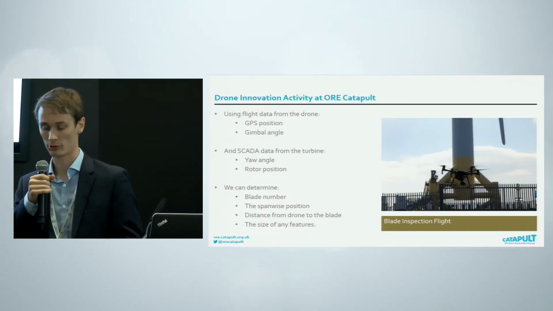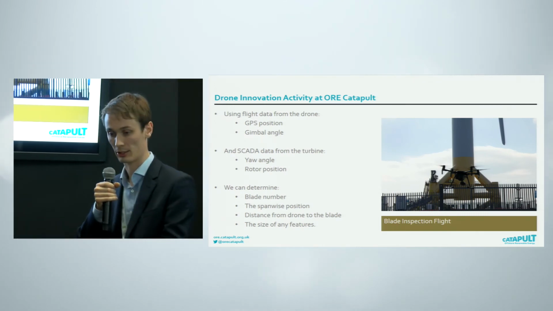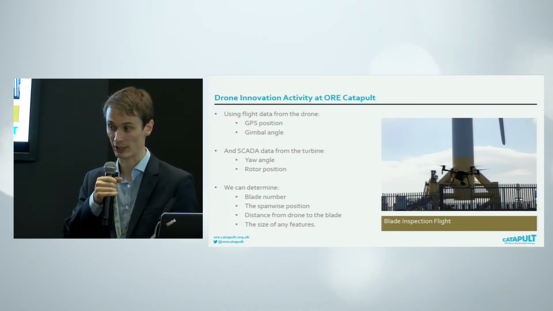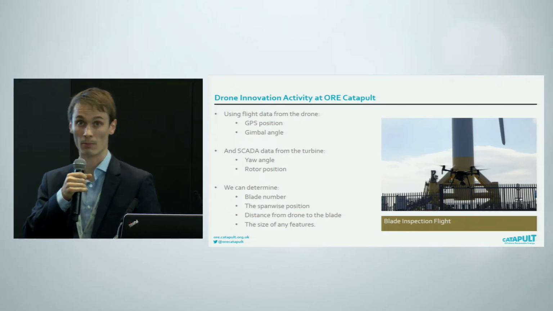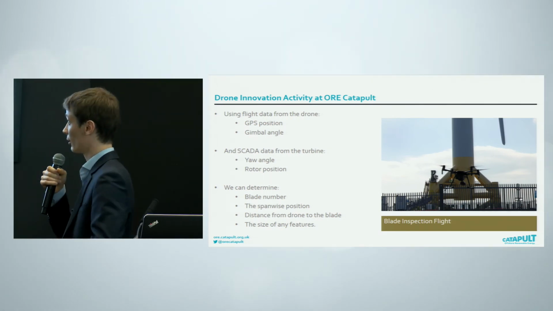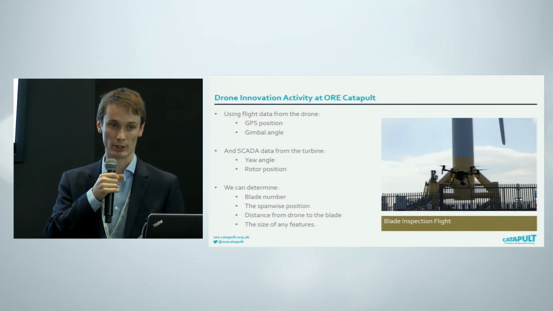So what we can do is use position data and the direction of the camera from the drone, and combine that with SCADA data from the turbine itself, the yaw angle and the rotor position.